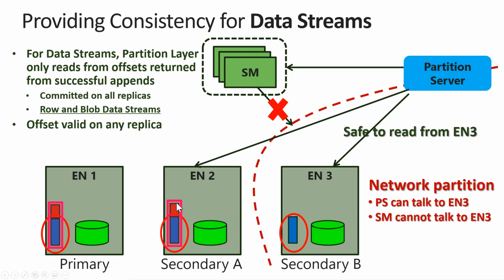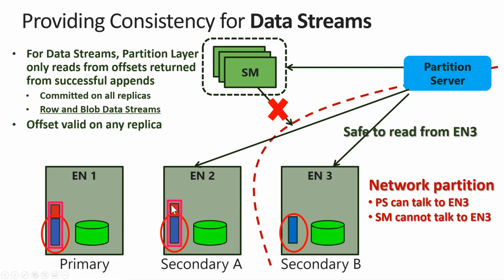This piece of data will not be accessible because what would have happened is that when the request came to these extents, it was written to first, it was written to second, then it was not written to third, so it was not acknowledged. Since this information was not acknowledged, the partition server's index does not have information about it.